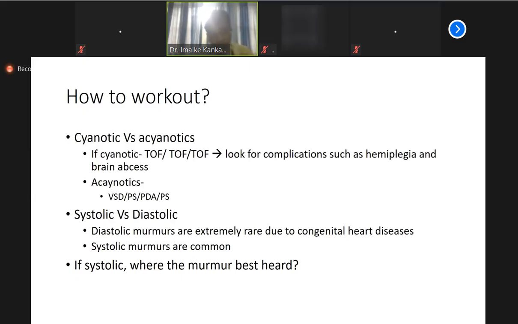So be conscious, try to figure out whether the child has got cyanosis or not. That's your first task. If you miss cyanosis in a child with cyanosis, you will fail. If you do the vice versa, you might not fail, but you might get a low score. Right? That means you're going to diagnose cyanosis in an acyanotic child.